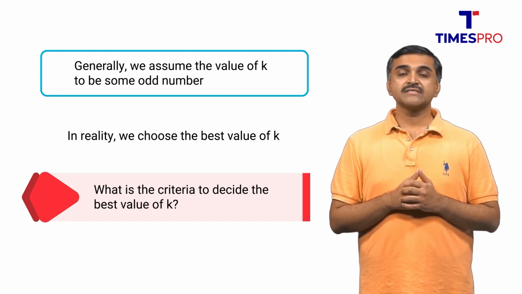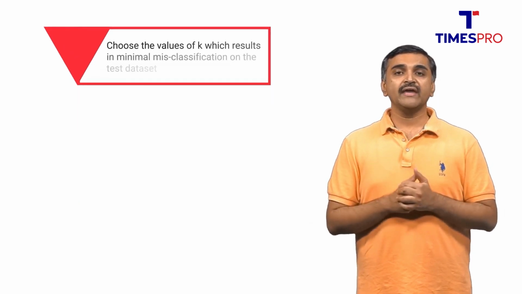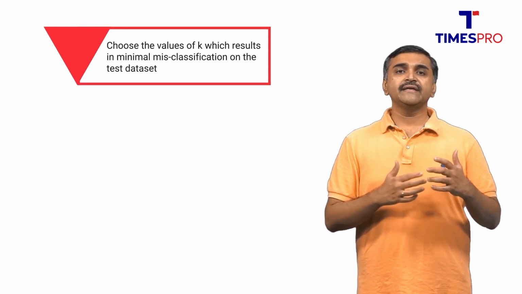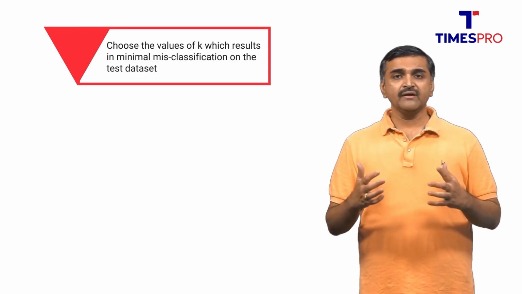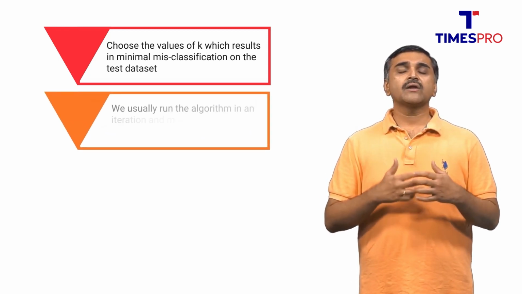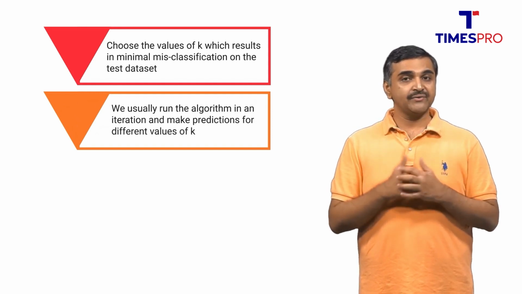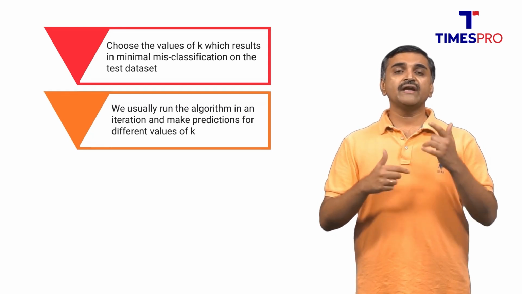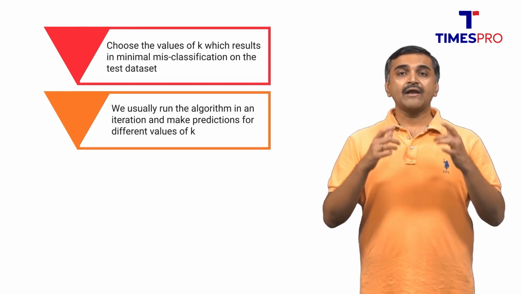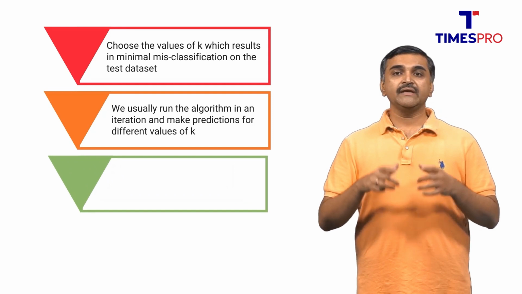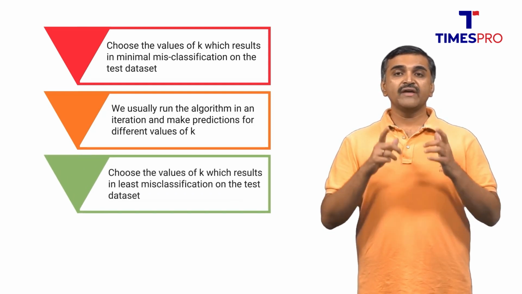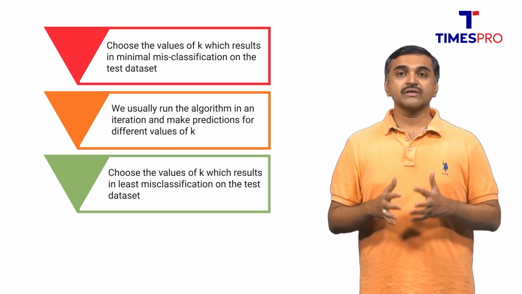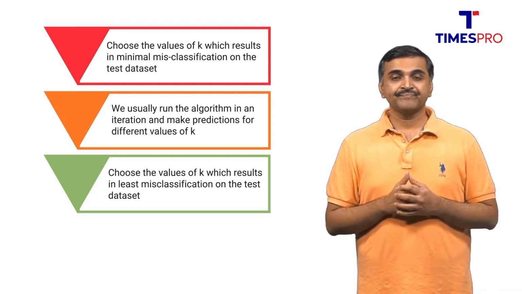In other words, we are going to choose the value of k which results in minimal misclassification on the test data. So we run the algorithm in iterations and make predictions on the test set for different values of k, and we pick the value of k which results in the least misclassification on the test dataset.